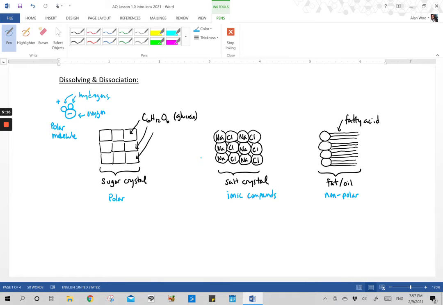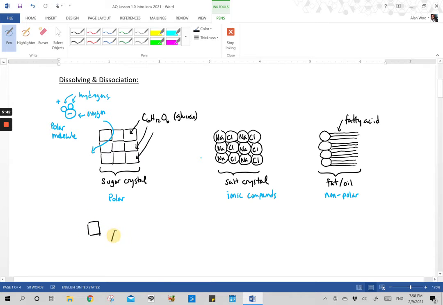For example, we know that water can dissolve sugar. When water comes in, it separates the glucose molecules from the other glucose molecules that make up the entire sugar crystal. So things look more like this.